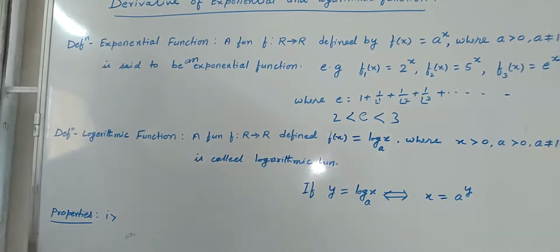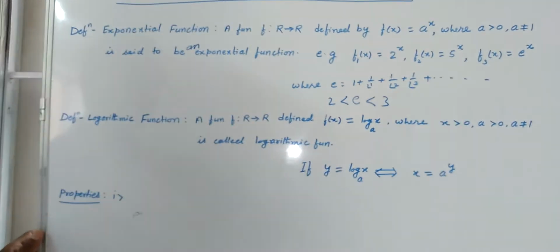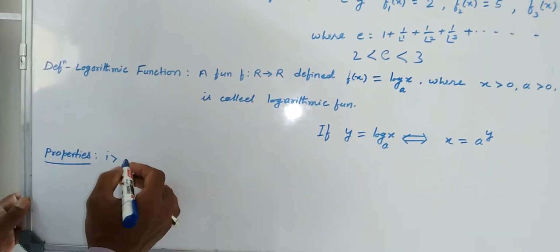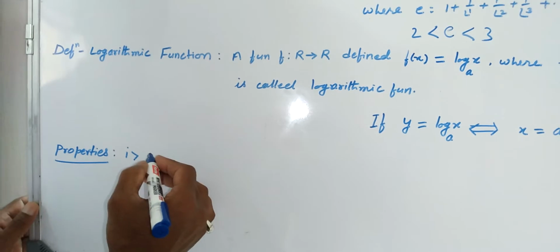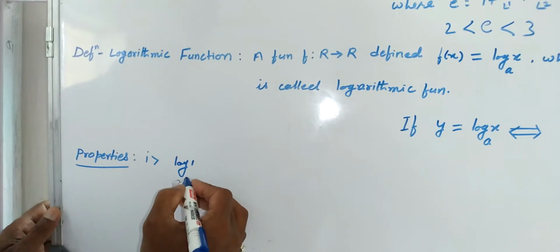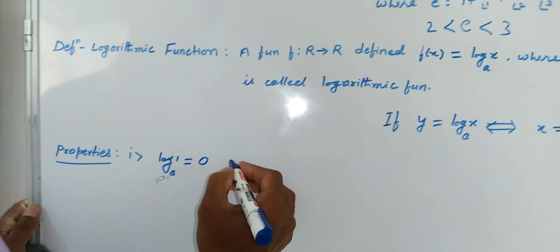So here are some properties of the logarithmic function which are very important in solving the derivatives of some difficult questions. The first property of the logarithmic function is log 1 base a is equal to 0.